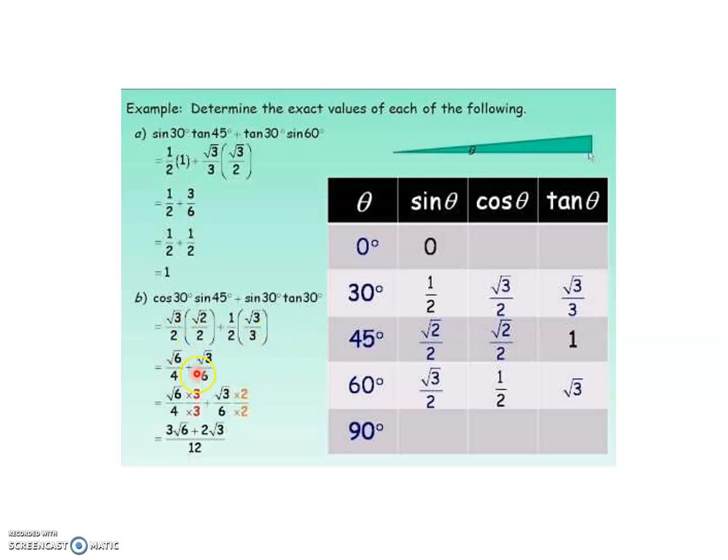Multiplication: root 3 into root 2 is root 6, 2 twos are 4. Root 3 into 1 is root 3, 3 twos are 6. Root 3 plus 3. We perform cross multiplication: 3 root 6 plus 2 root 3, and the denominator has to be the same, that is 12. So we derive the value of this expression in this way.